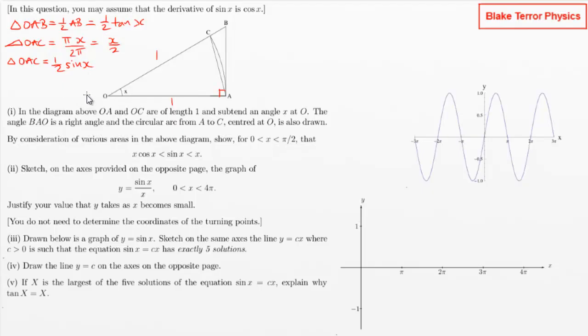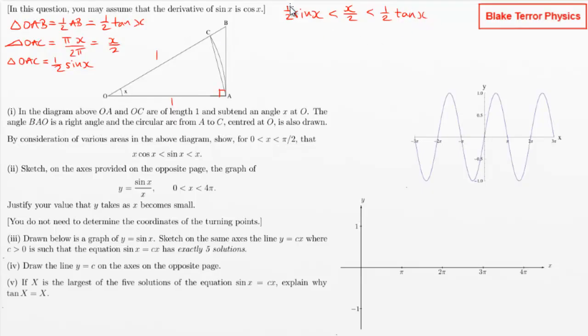So we've got that these are in decreasing size. So let's do the nice ones here. We know that the half sine x, the smallest one, has to be less than x over 2, which has to be less than a half of tan x.